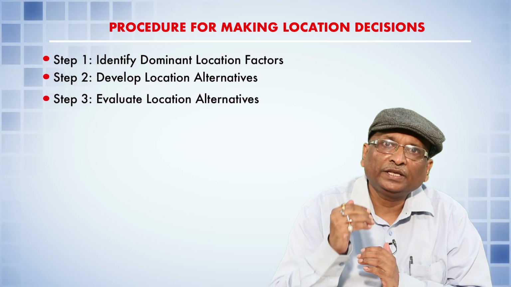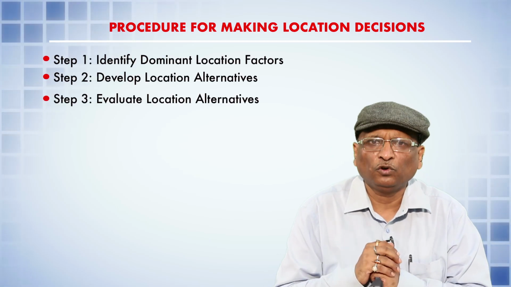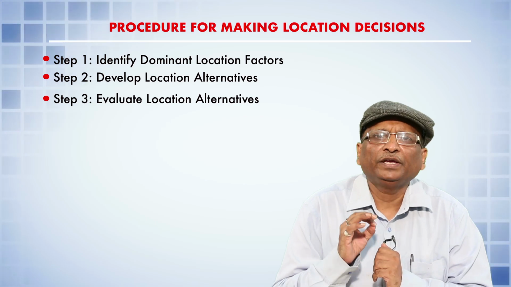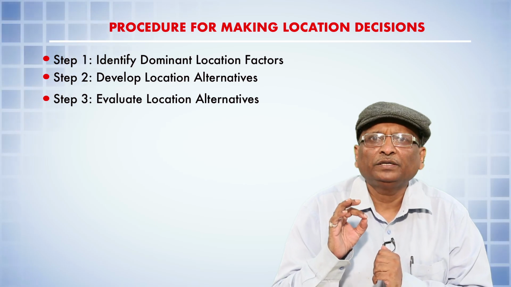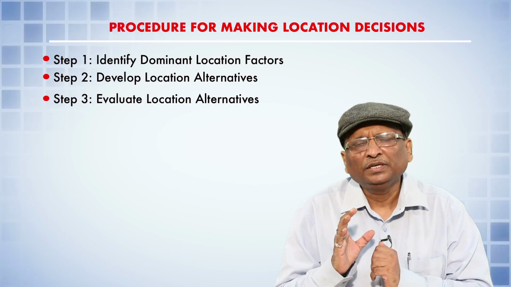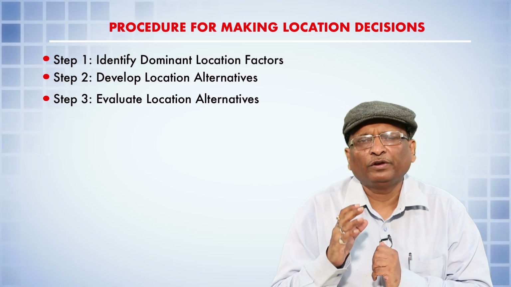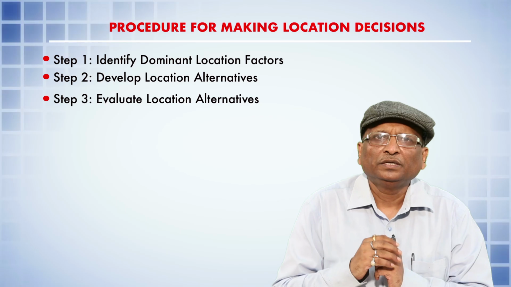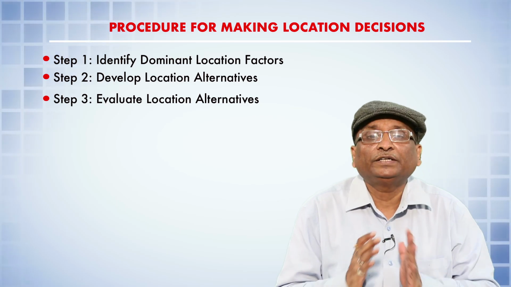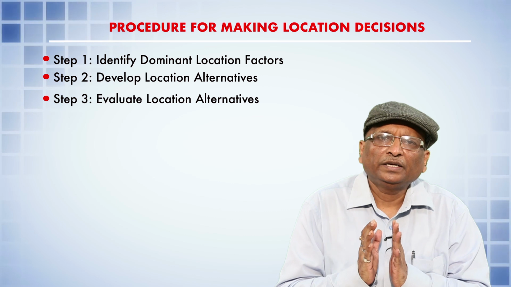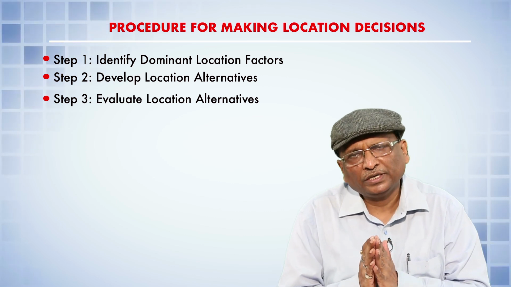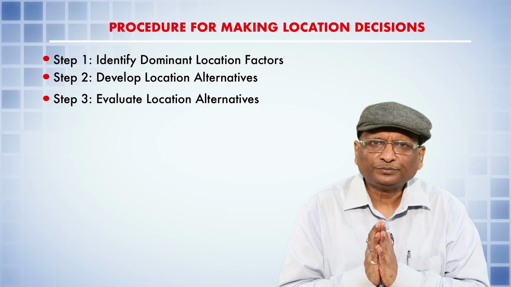So, these are the 3 steps which we have to follow. First is to identify the dominant location factors, just like availability of land, availability of transportation facility, these are the factors. Then in the second step, we will develop location alternatives.